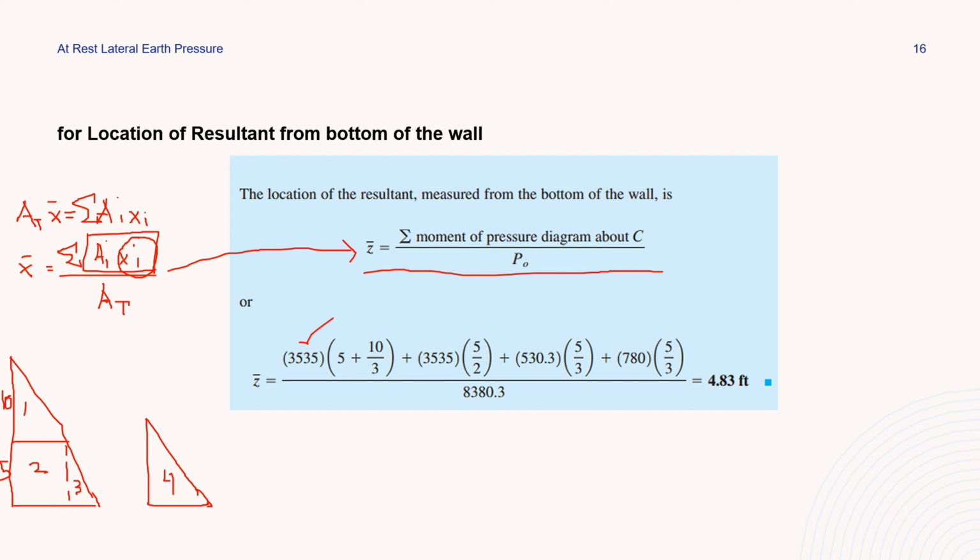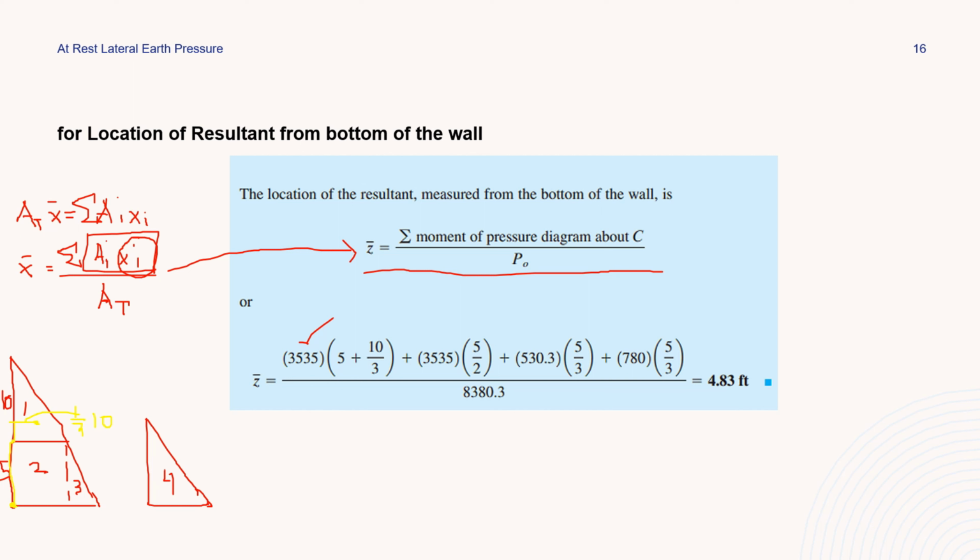To get the moment arm from the bottom of the wall, we make the bottom of the wall the reference point. From here to here is 5. And the force acts at the centroid, and that distance is 1/3 of 10. So the moment arm of area 1 is 5 plus 10 over 3.